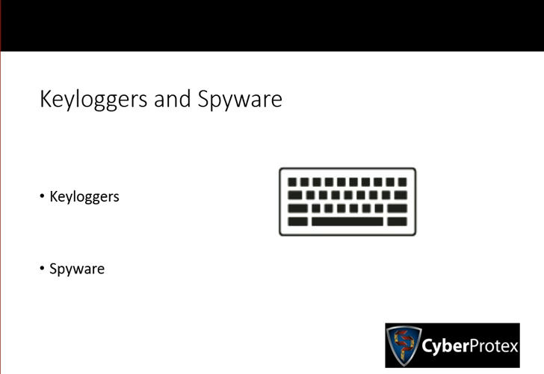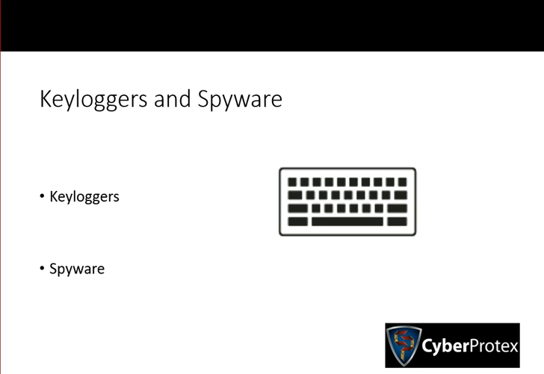Okay, keyloggers and spyware. So there's a couple of different things to consider here, because when we talk about keyloggers, it could either be a physical device into the system or a piece of software. Okay, so a piece of malware that then attempts to collect those keystrokes in order to gain information about the system. Okay, spyware.